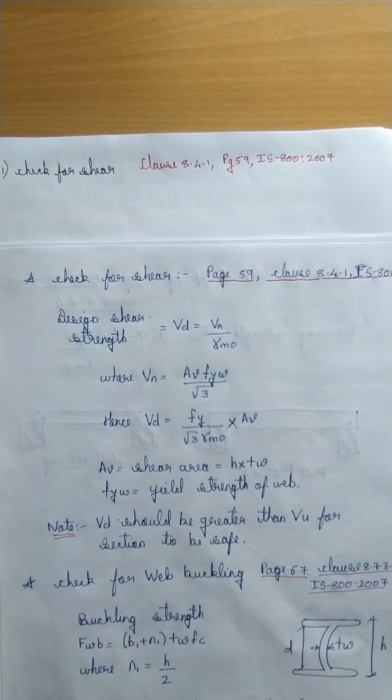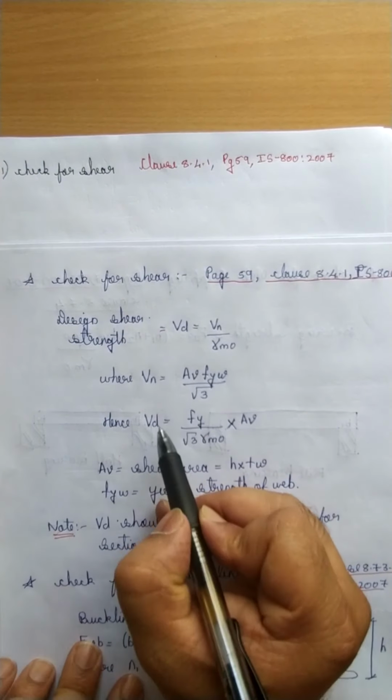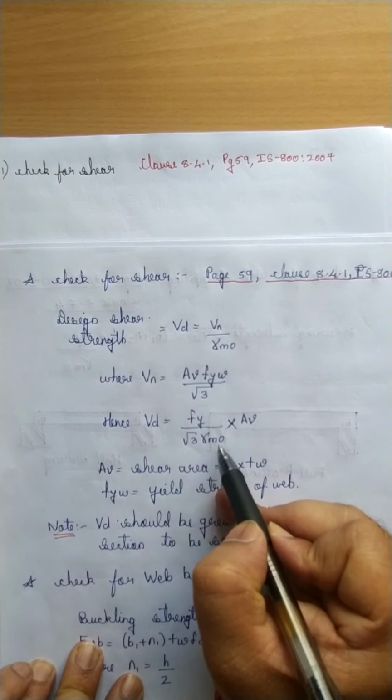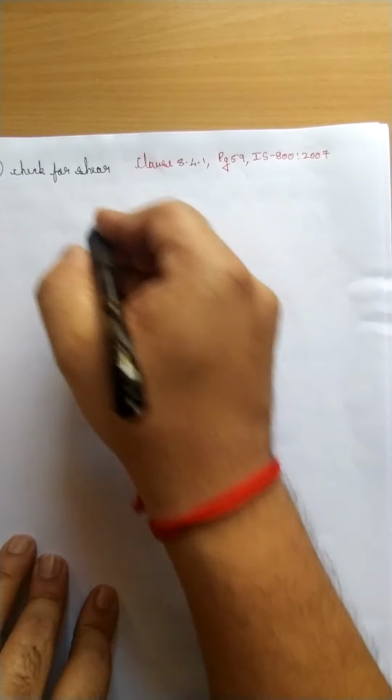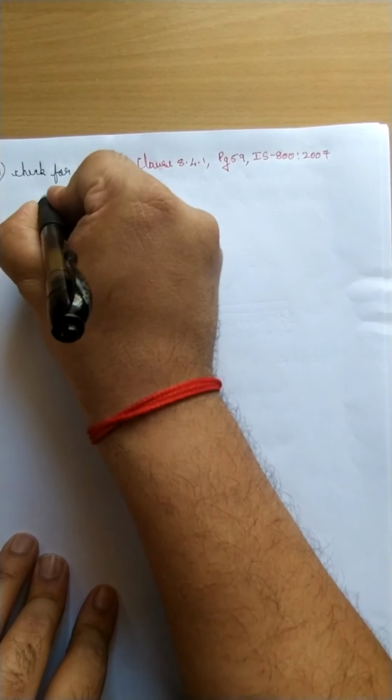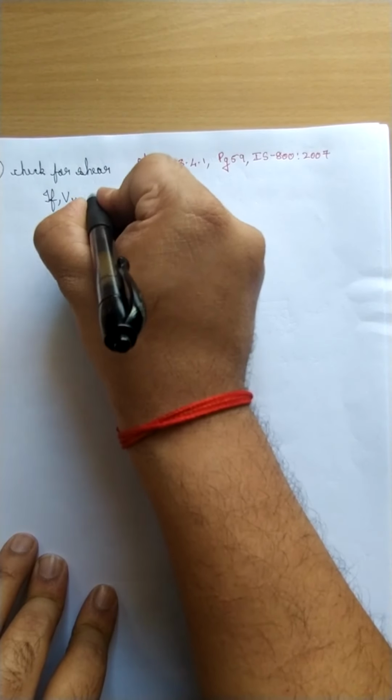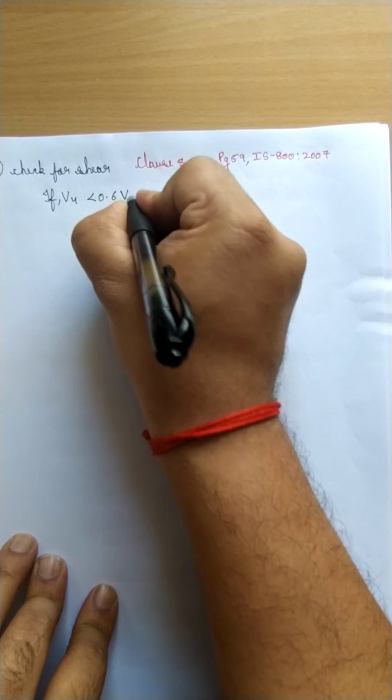So let us check with the design strength VD, which is given by Fy divided by root 3 gamma m naught into AV. So I will assume that VU, if VU less than 0.6 VD.